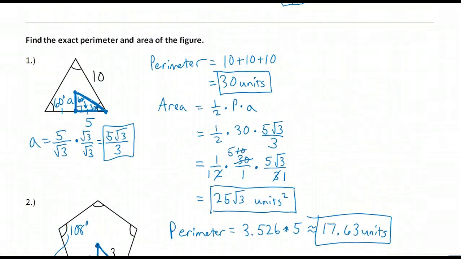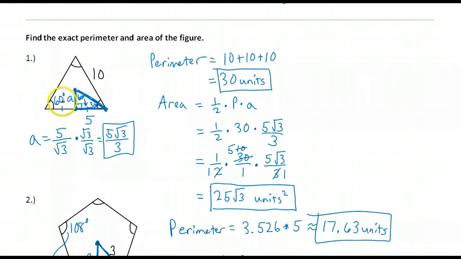In example number 1, I figured out this angle, and then half of it I ended up with a 30-60-90 triangle, which meant that I could use my rules for a 30-60-90 special right triangle to figure out my apothem, and then I could get my exact answer.